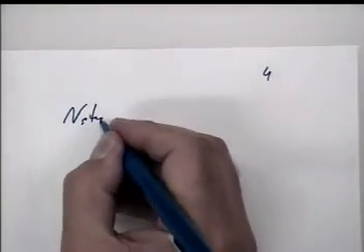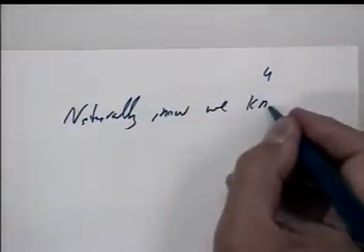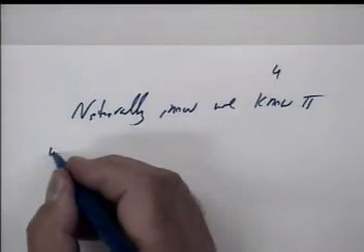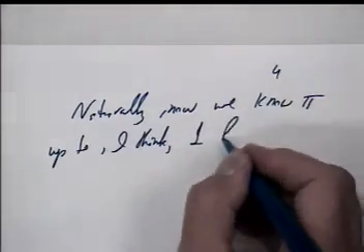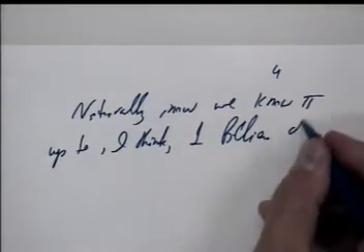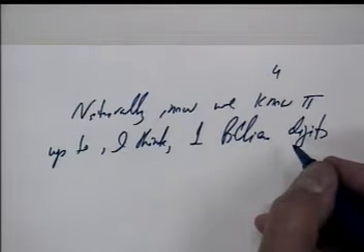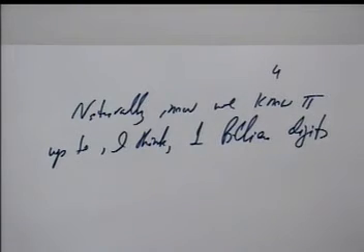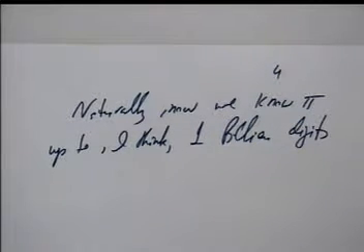Naturally, now we know pi up to, I think, 1 billion digits. If you want a very precise value of the buckling load, then of course you can just tell the person, wait a minute, I will now give you the first billion digits after 3 in pi.